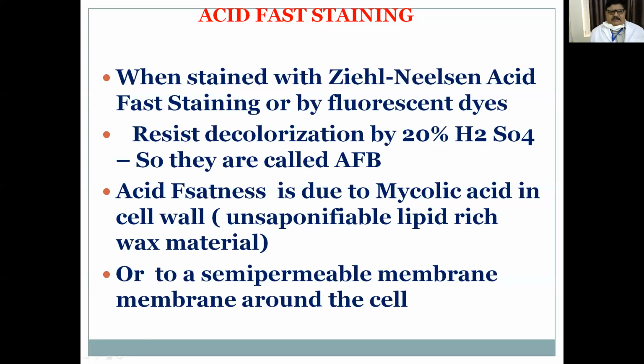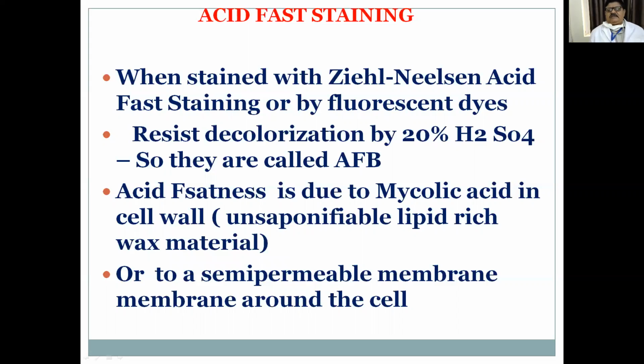How do you do the acid-fast staining technique? They resist decolorization by 20% H2SO4, so they are called acid-fast bacilli. H2SO4 is sulfuric acid. Why is this acid-fast? If it is tuberculosis, it is 20%; for leprae, it is only 5%.